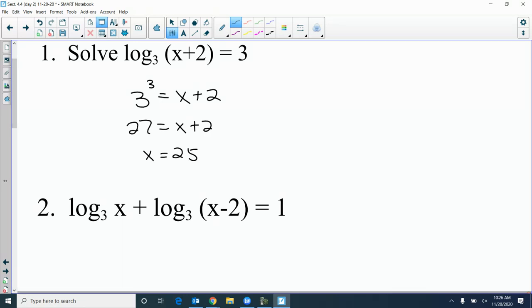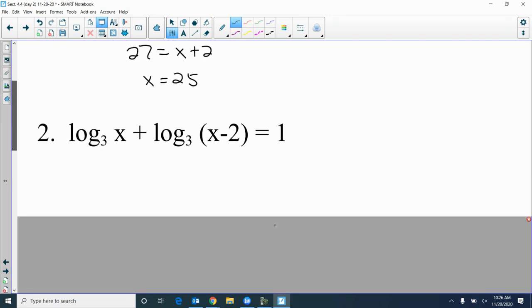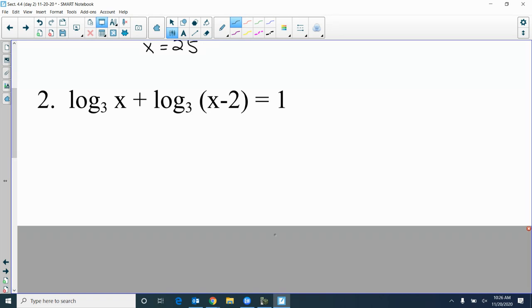Okay, copy down that next one. Now, before you can convert it to exponential form, you can't have the two logs there on that left side.